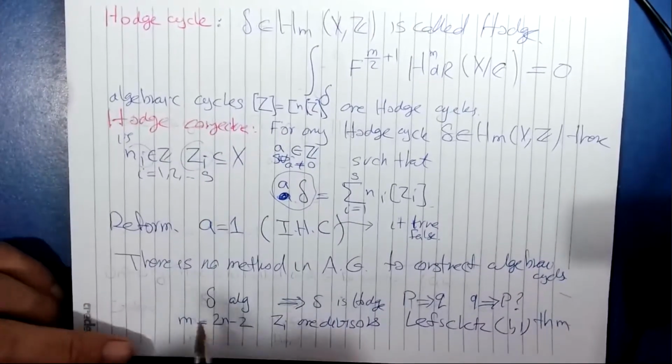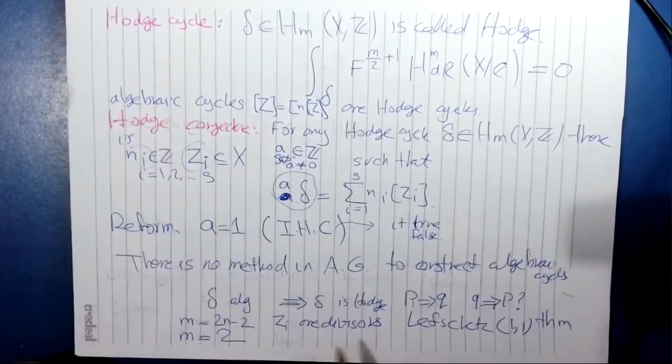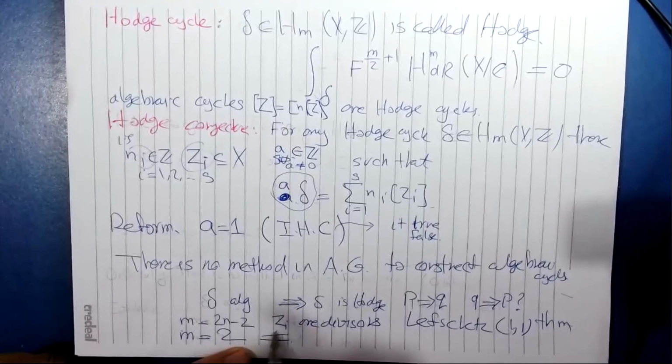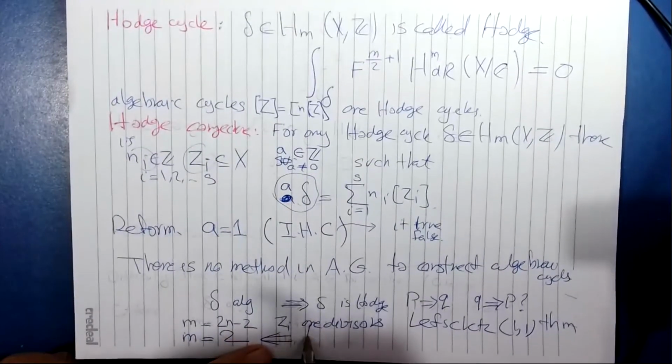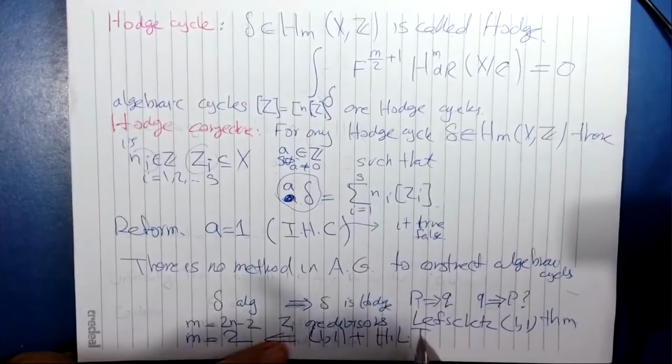And then another case, with m equal to 2, follows from the previous one, the Lefschetz (1,1) theorem plus the Hard Lefschetz theorem.